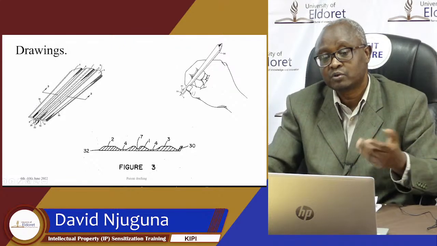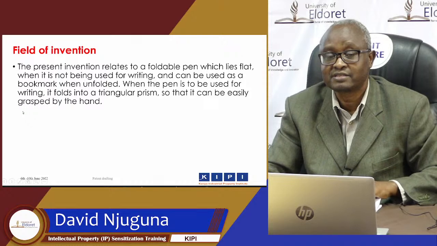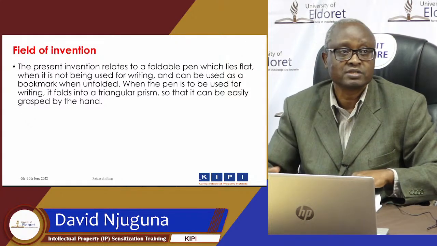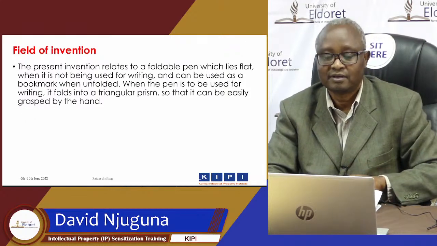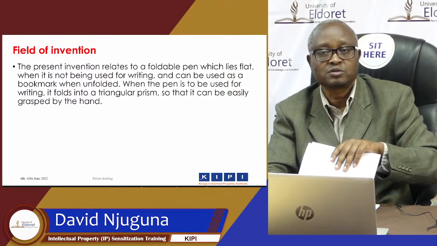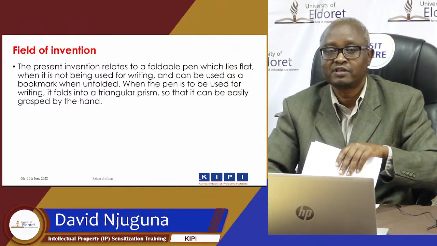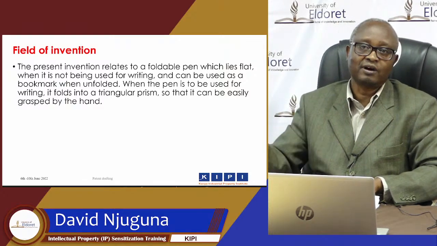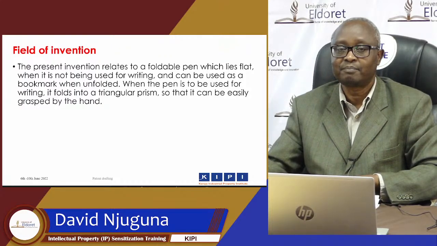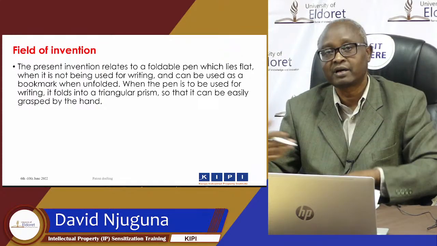The person was able to identify the problem with the existing pen: when you use it as a bookmark, it can make the pages of the book come out. Therefore, there was a need to come up with an improvement where this device can serve as a pen, you can write with it, and you unfold it and it becomes a bookmark.